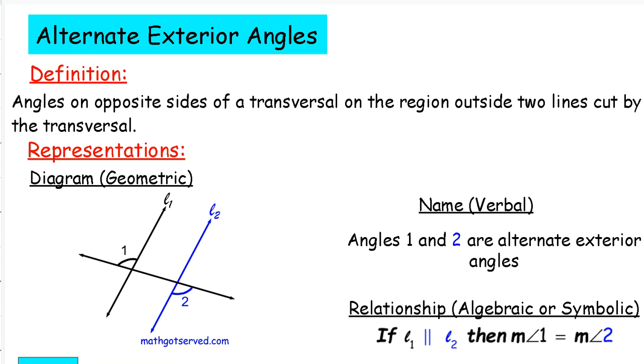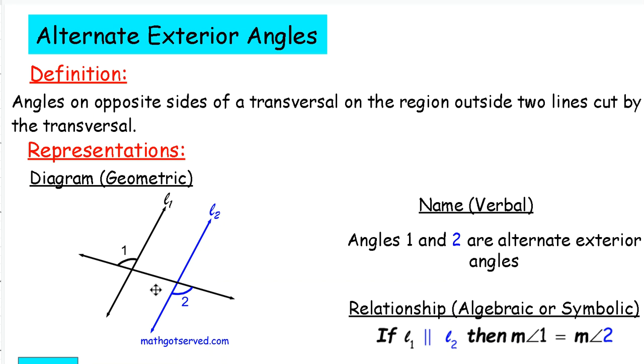Alternate means opposite sides of the transversal. Exterior means that you're outside the region bounded by the lines. So let's take a look at the geometrical representation we have here. Angles 1 and 2 are alternate exterior angles. Okay, so this transversal, above it and below it can be thought of as the opposite sides of the transversal, or the alternate sides.